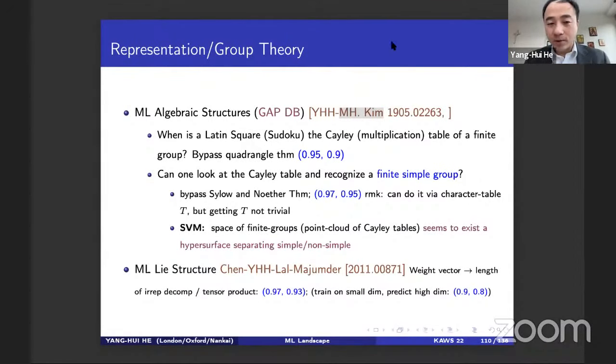So it's a Sudoku, right? So a Latin square is a Sudoku. He asked the question: every Cayley multiplication table, the multiplication table of every finite group, is a Sudoku. How many of them are actually, but not vice versa? So can you recognize a finite group just by looking at its Cayley table, that is not just some random Sudoku, but it actually is a multiplication table?